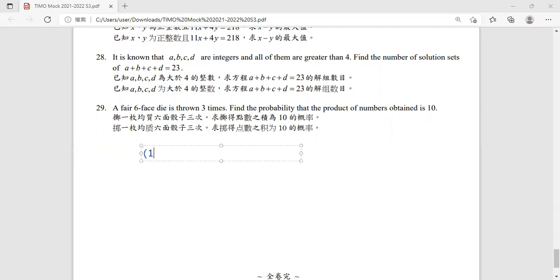You must have exactly 1, 2, and 5 in the flow, because only 1 times 2 times 5 is equal to 10. Only this combo. But how many times can I have 1, 2, 5 here?